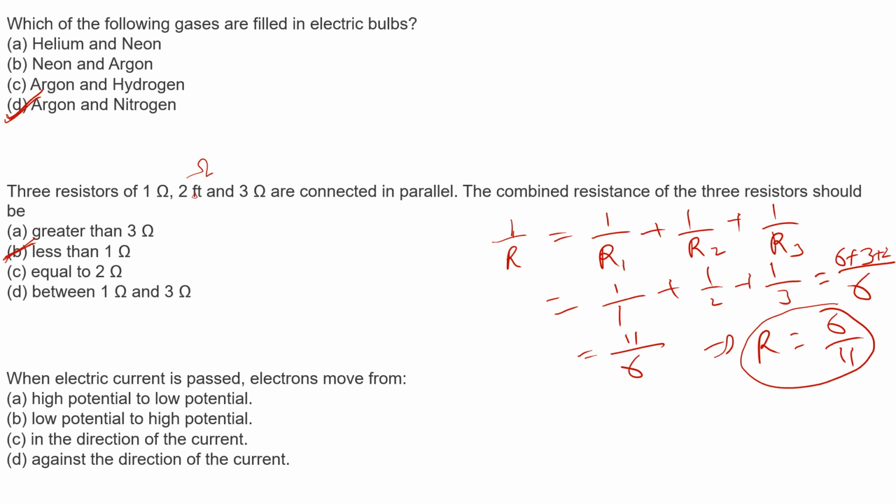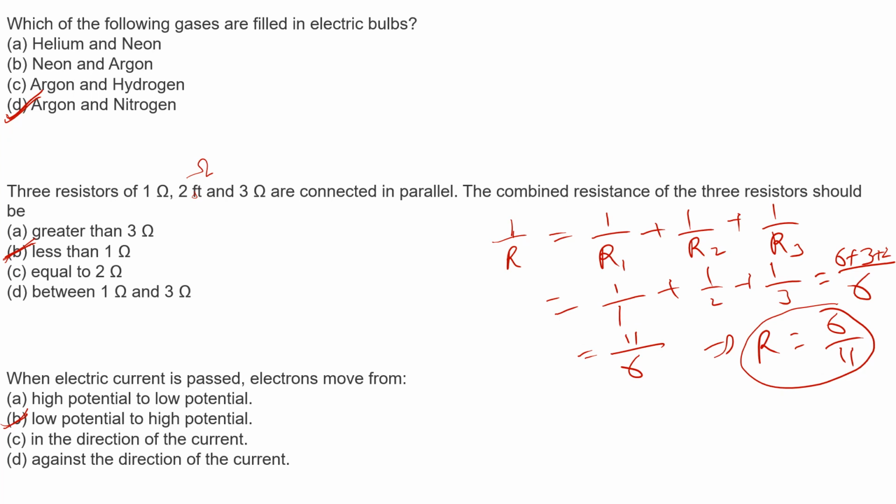Here actually two options are correct. Electrons move from low potential to high potential, because physicists generally define the positive terminal as the high potential terminal and the negative terminal as the low potential terminal. So electrons flow from the negative terminal to the positive terminal, that is, from low potential to high potential.